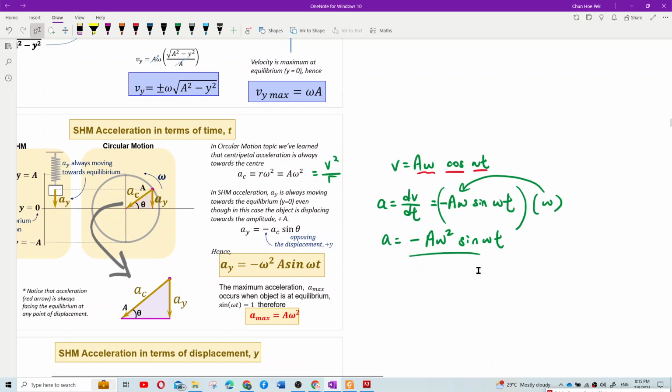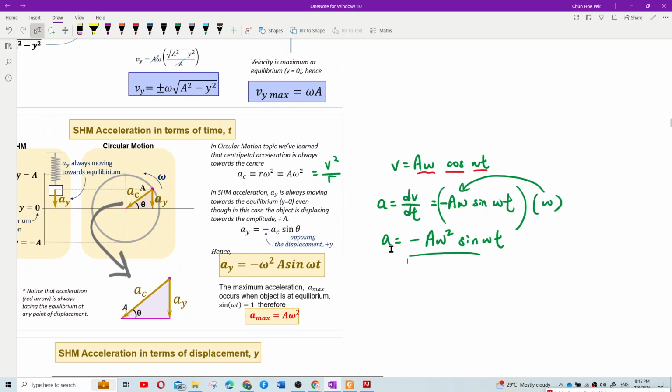So class, do you see that? We also got this formula, same formula, isn't it? One way is we take the trigonometry, or we differentiate, and we get the same formula.